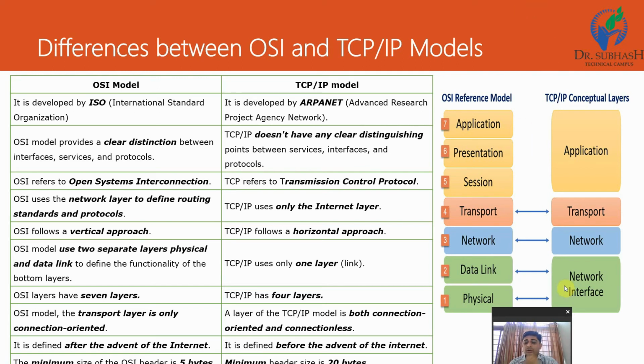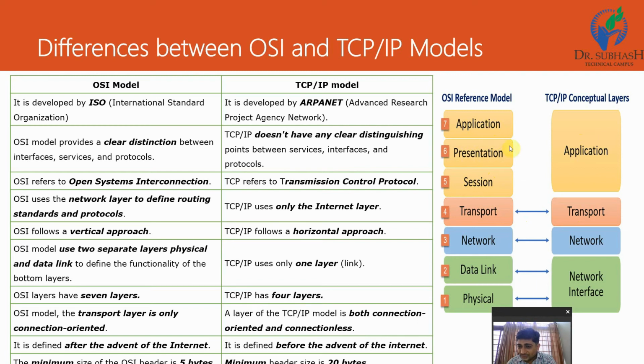Okay, now these 7 layers are grouped in 4 layers: network interface, network, transport, and application. See, here we try to display the color combination like this color for application layer.